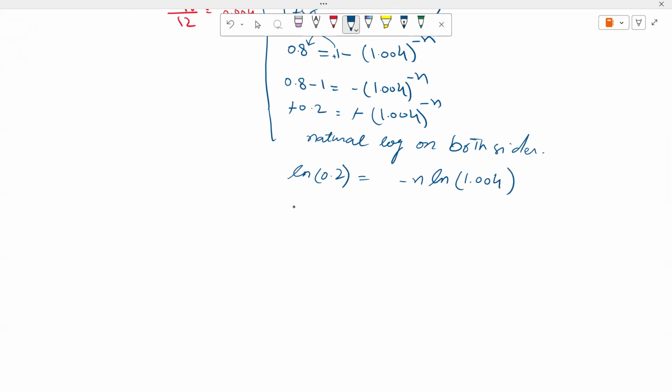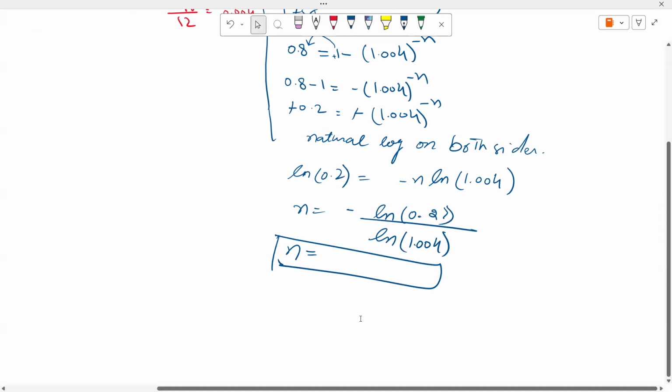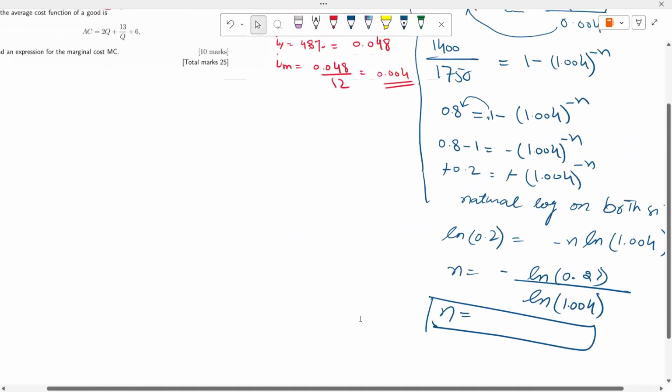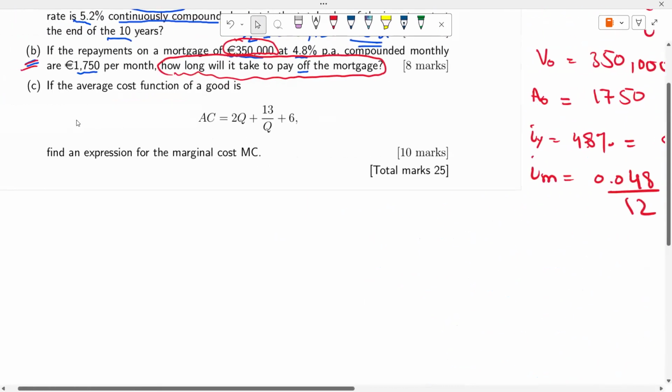So my n would be ln 0.2 divided by negative ln 1.004. You will get the value for n if you just do the calculation on your calculator. Simple, right? So you would get the time period in which you would be able to pay back your loan of 3,50,000.